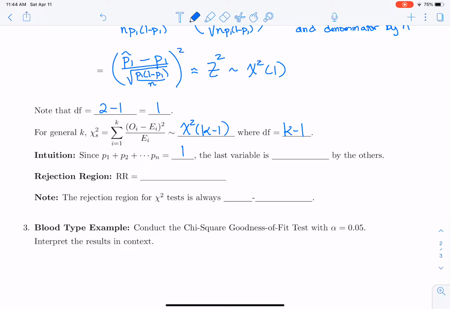So the last variable, the last probability, is defined by the others. So if we have k total categories, we really only have k minus 1 degrees of freedom because the last category is going to be defined by the others. In this case, the rejection region for our chi-squared statistic is going to be, we're looking for the chi-squared greater than chi-squared sub alpha. Okay, and I want you to notice here that the rejection region is always one-sided.